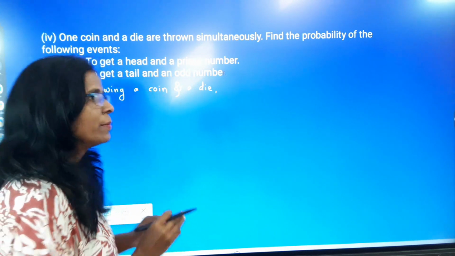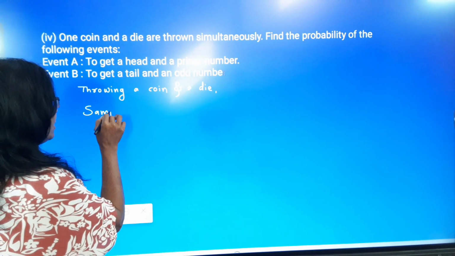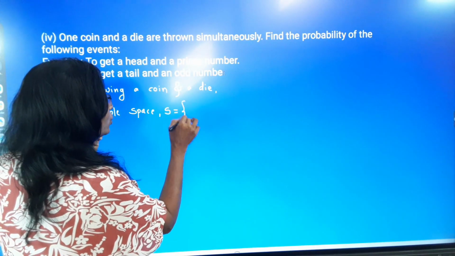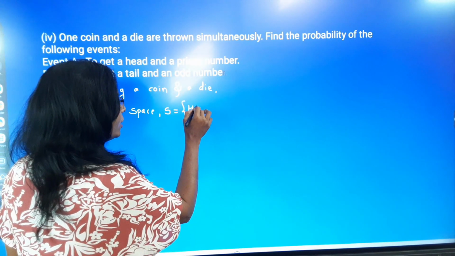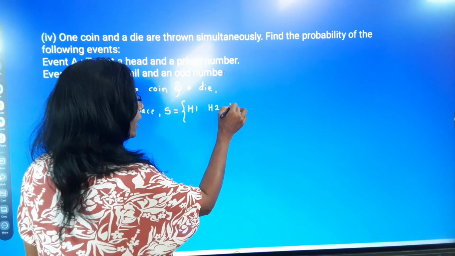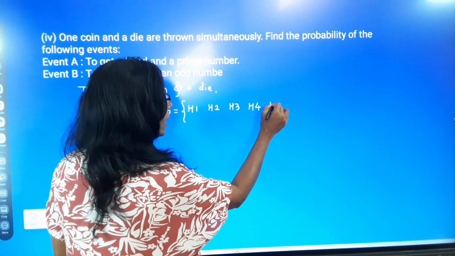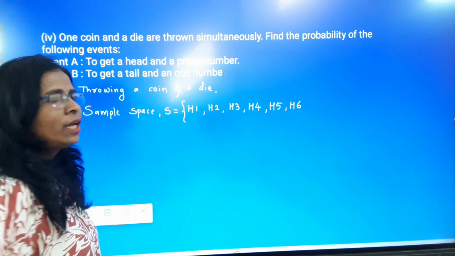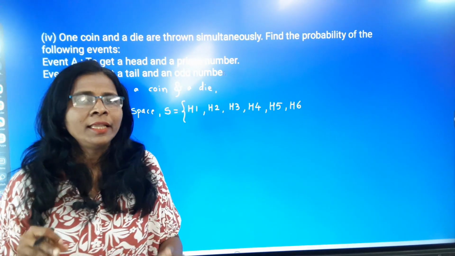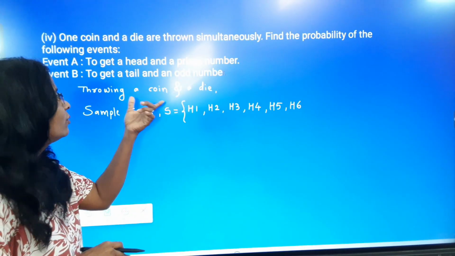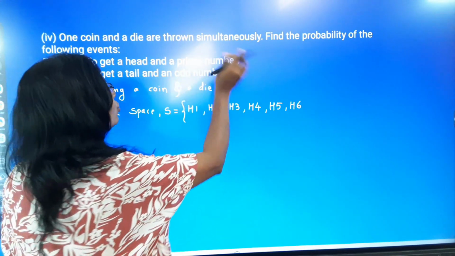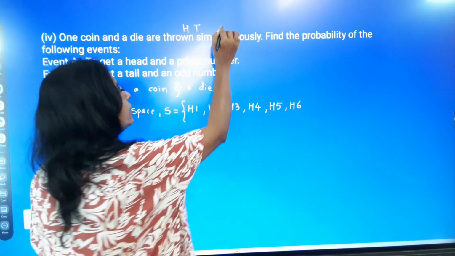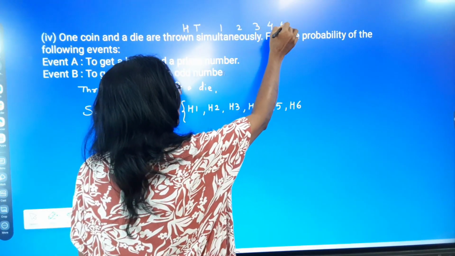Then we get the sample space. So first we write the sample space S is equal to H1, H2, H3, H4, H5, H6. Logically, there is a coin, so there are two possibilities, head and tail, H and T, and a die, so there are 6 possibilities: 1, 2, 3, 4, 5, 6.